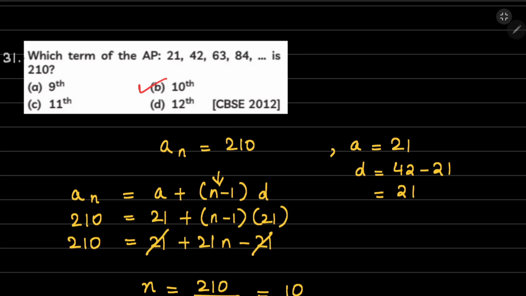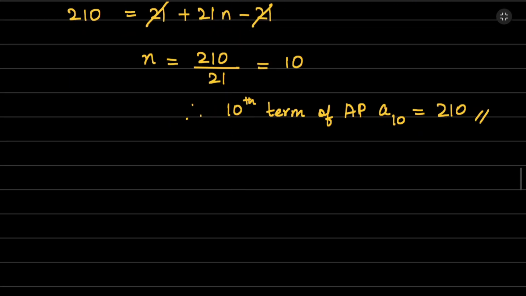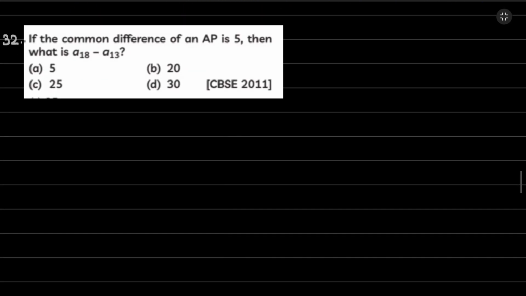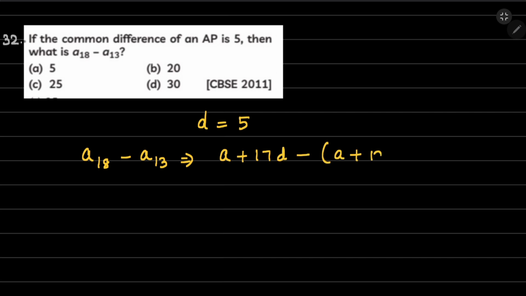Let's move on to the next question. If the common difference of an AP is D equal to 5, then what is A18 minus A13? So the 18th term minus the 13th term is asked. Let's expand it using the formula. So it's A plus 17D minus A plus 12D. Open the brackets.